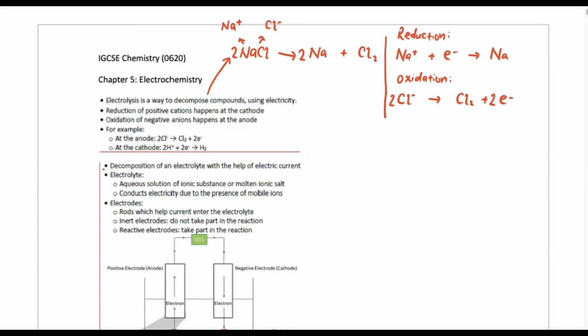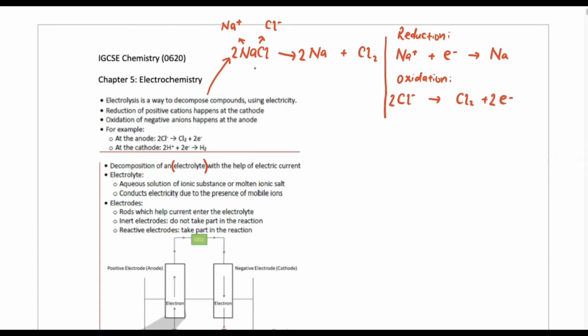Now we look at the next one. Decomposition of an electrolyte with the help of electric current. Okay, so what is electrolyte? So electrolyte is the NaCl for my case. NaCl in molten. Molten means you make it melt.